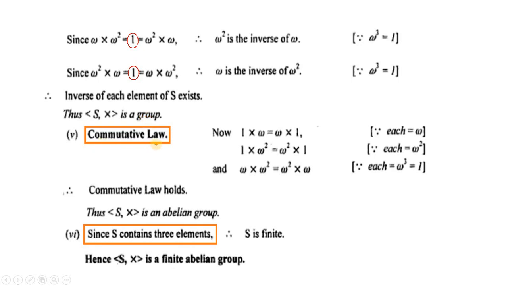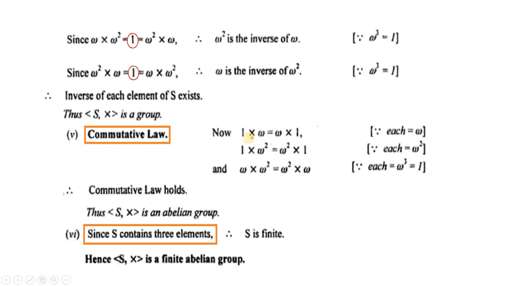अब देखना है कम्यूटेटिव लॉ. कम्यूटेटिव लॉ में हम गिवन सेट से कोई से दो एलिमेंट लेते हैं और कम्यूटेटिव प्रॉपर्टी उस पर चेक करते हैं. Here 1 and omega, these are the two elements from set S, and here we see the commutative property of multiplication holds; each is equal to omega.